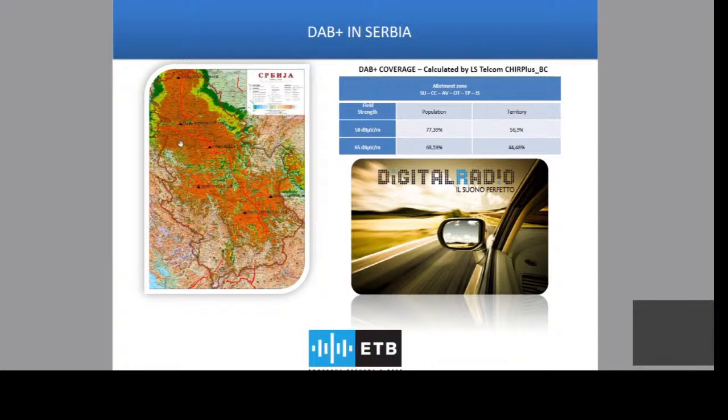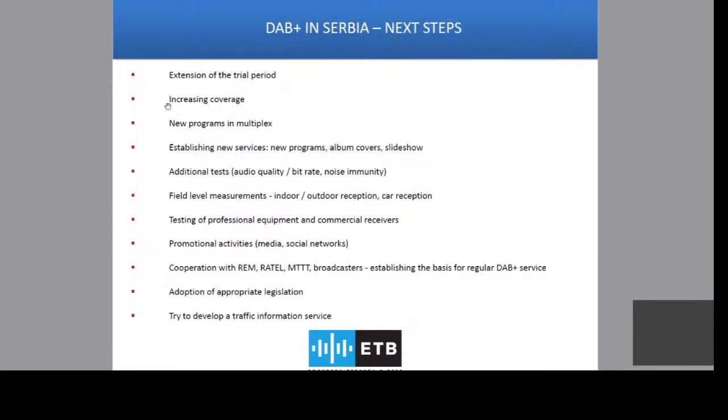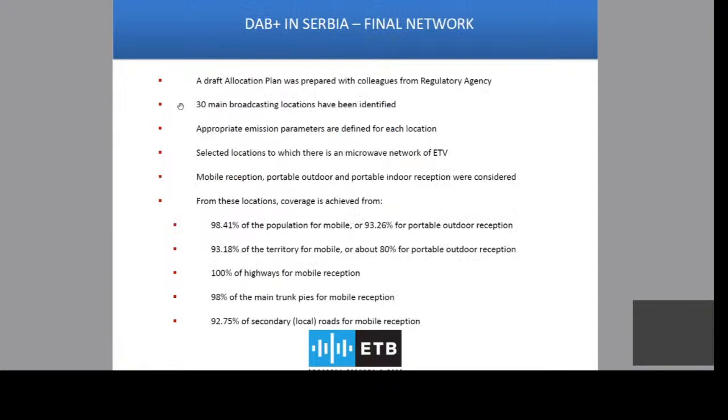Temporary licenses are renewed every 2 months. As regards further activities, we are planning in the next period to spread our DAB+ network and activate an additional 3 locations in order to fully cover all highways in Serbia.